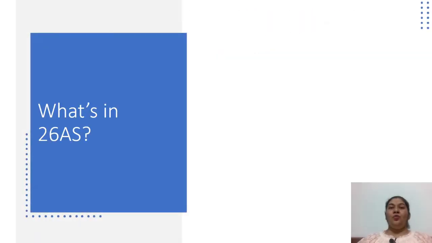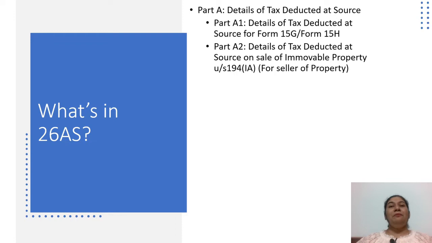Now we will see what's in 26AS. You did all the procedure which I told you just now, and you reached the 26AS form. And now what's there in 26AS? What all the details are there? There are certain parts in 26AS. So part A. What is in part A?